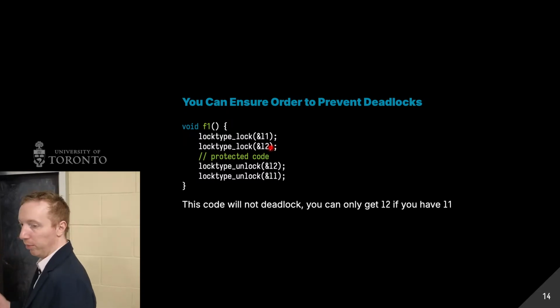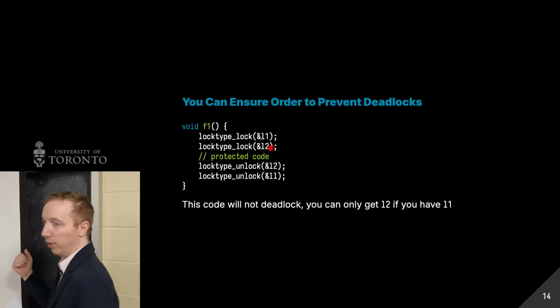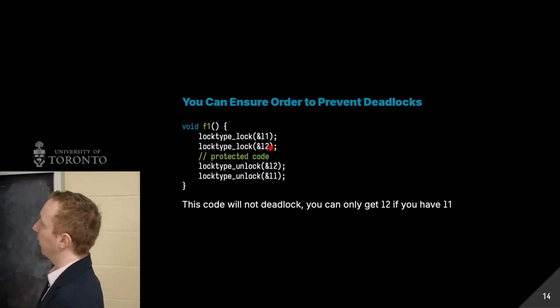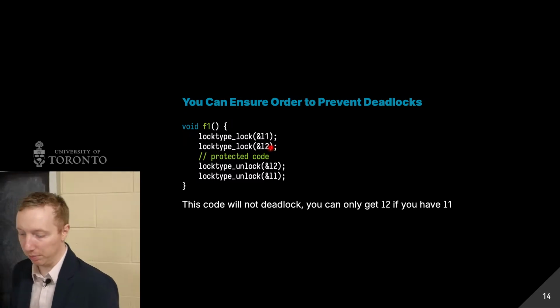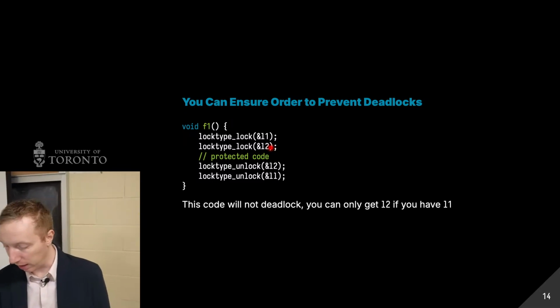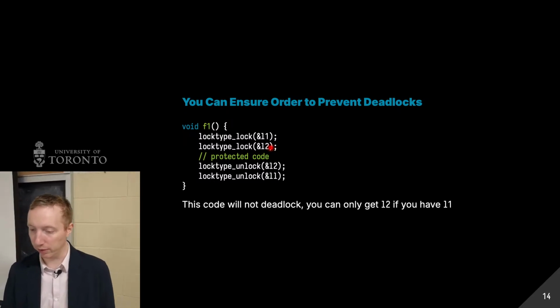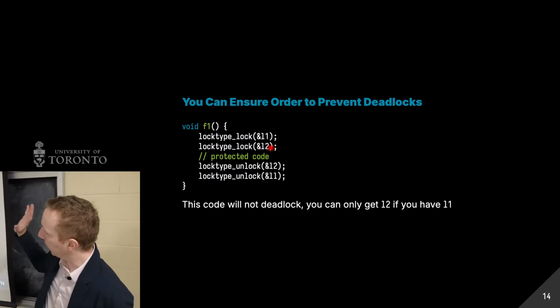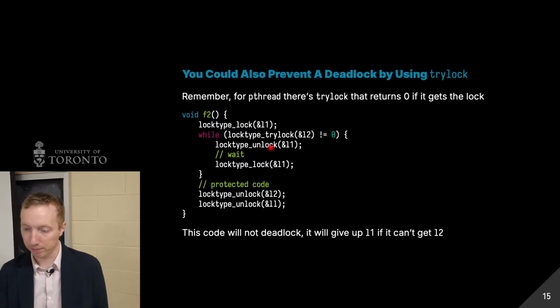So this will prevent that circular wait. As soon as I have any circular wait, where I can form any type of cycle in the graph if I were to draw out the dependencies, then you could have a deadlock. So this will not deadlock. If I'm using multiple locks and I always acquire them in the same order, I am good.